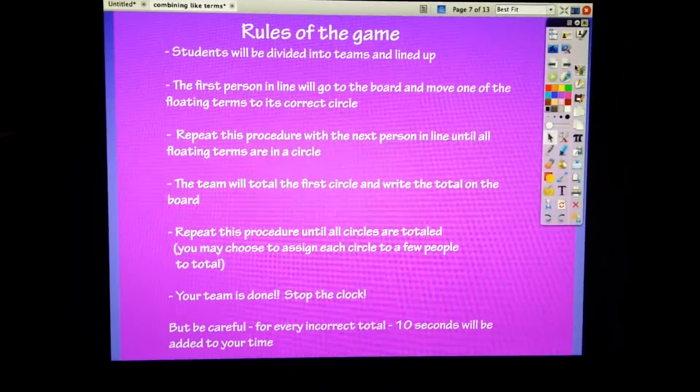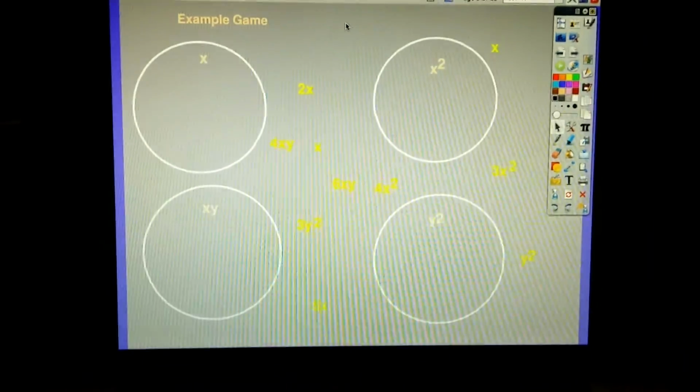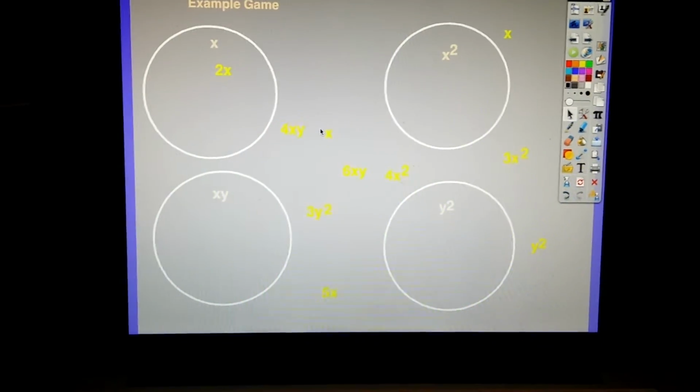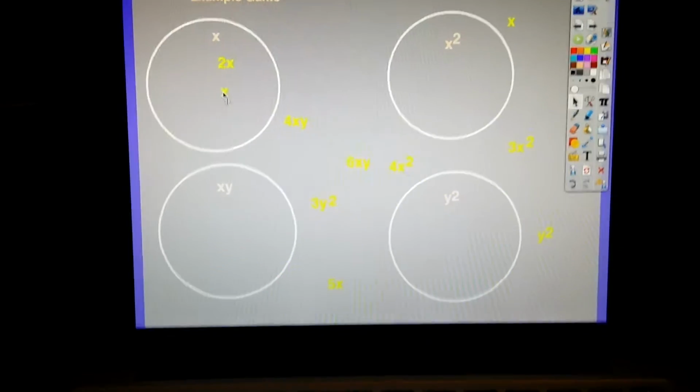Let's get started with an example game. All right, so I'm going to combine my like terms by dragging my expression into the correct circle.